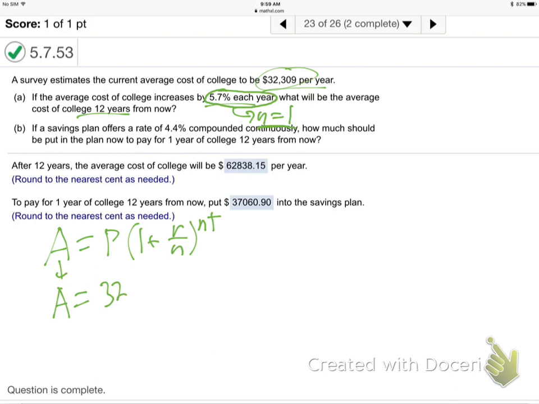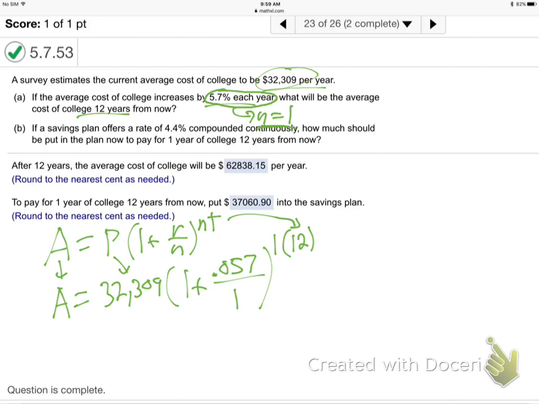So the 32,309, that's the principal. The rate is 0.057, right? Got to change that to a decimal. The n is once a year, and the time is 12 years. We good with that? So there it is. Let's just hit the buttons on the calculator, but I want to show you all the plugins. 32,309 times, let's see.